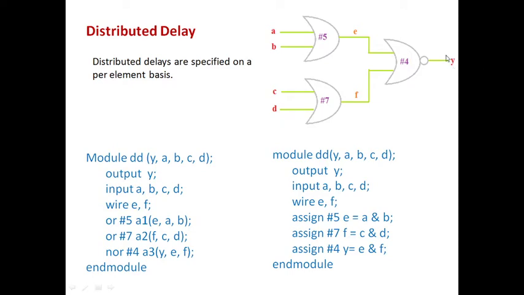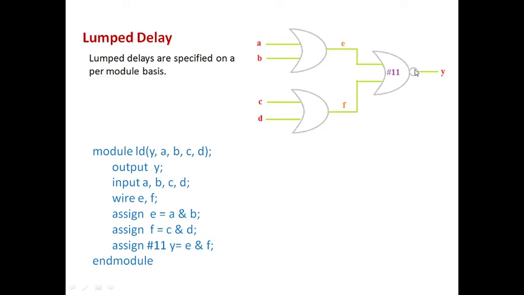Your output is expressed in terms of all the inputs, so you get the perfect output after 11 seconds. That is the maximum delay, 7 plus 4, that this entire module offers us. The maximum delay from any input to output is 11 seconds here. So this entire 11 seconds delay is lumped on the output gate or output logical element. So this is about lumped delay.